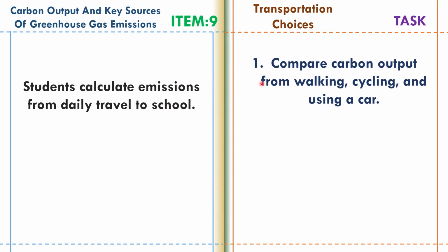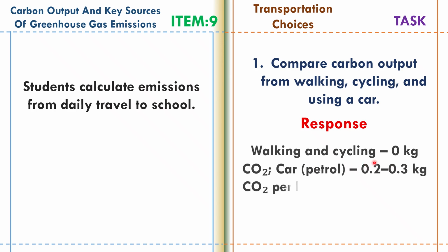Compare carbon output from walking, cycling, and using a car. Walking and cycling produce 0 kilograms of carbon dioxide. Car petrol produces from 0.2 to 0.3 kilograms of carbon dioxide per kilometer.